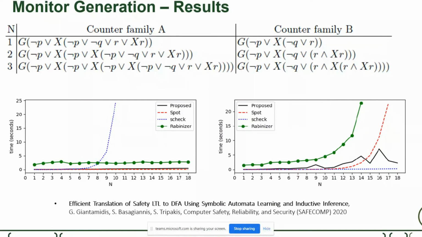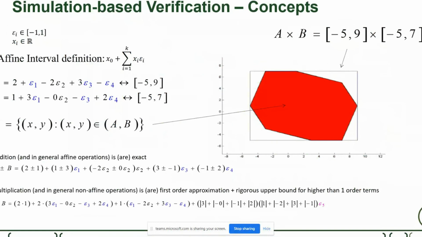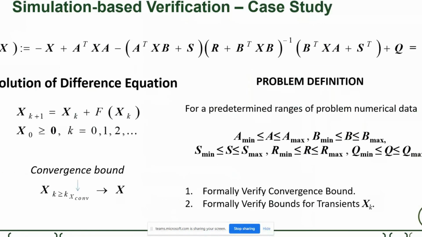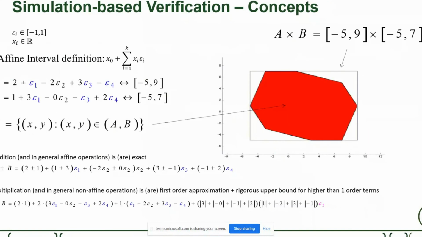All right, so for the final topic on my side, the other thing I wanted to talk about is simulation-based verification. What I'll show you here is essentially an early version of the Silver tool we've been developing. The main idea behind this is to replace regular computations on floating point numbers with set-based computations on intervals.